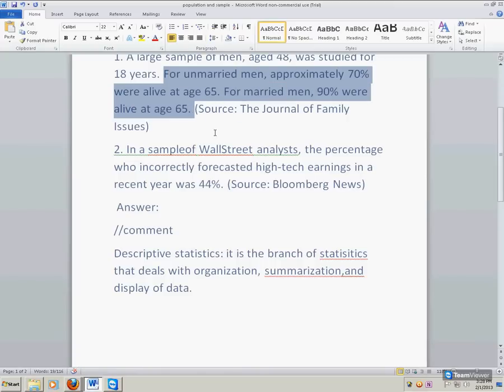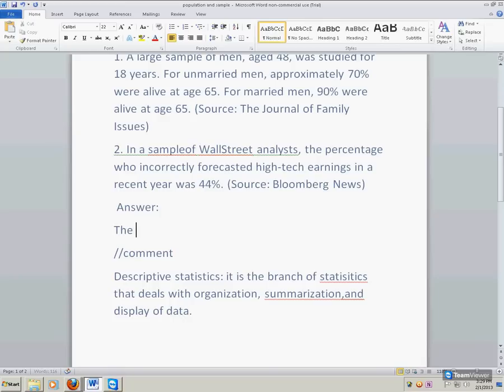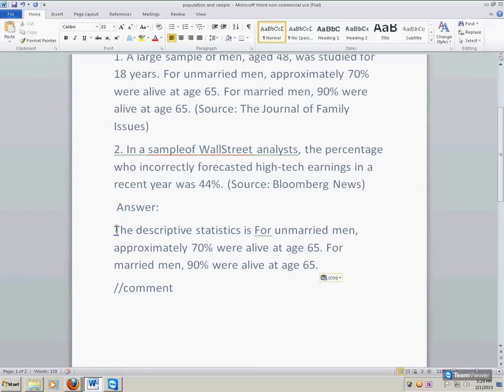It described those who were alive at 65, and it described those who were married. So this gives you the main description or the summarization. So this is going to be called descriptive statistics. So I'm going to copy that and put it in the answer here. So that's going to be the first question.